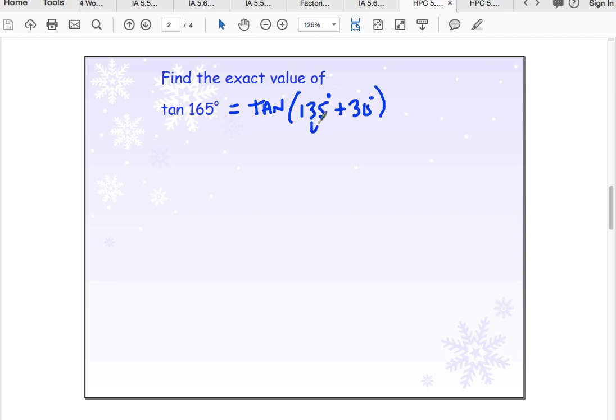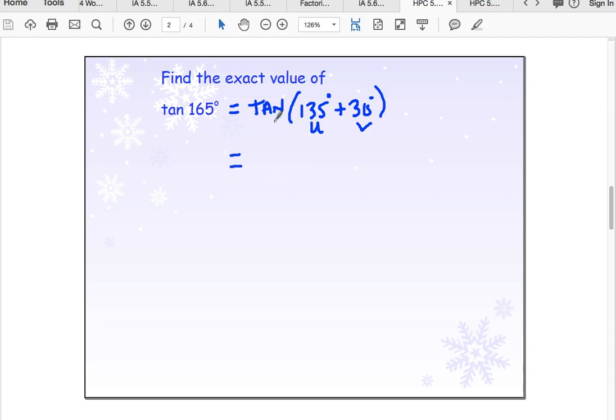So I'm making U 135 and V 30. Now, because we're adding, those could be flip-flopped. The U could be 30, the V could be 135. It's all going to work out to be the same in the end, so it's not that big of a deal.